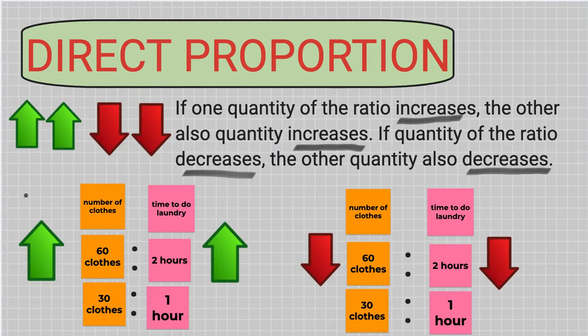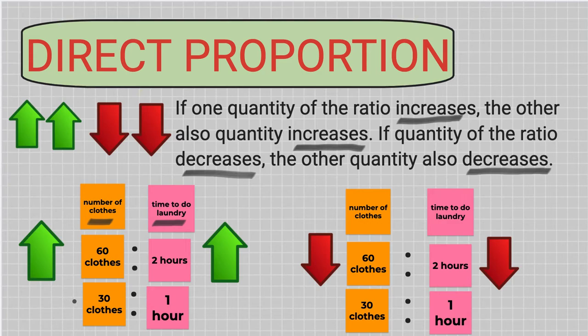Now let's have this example here. Let's compare the number of clothes to the amount of time doing the laundry. Let's assume that if you have 30 clothes, it will take you 1 hour to finish doing the laundry.